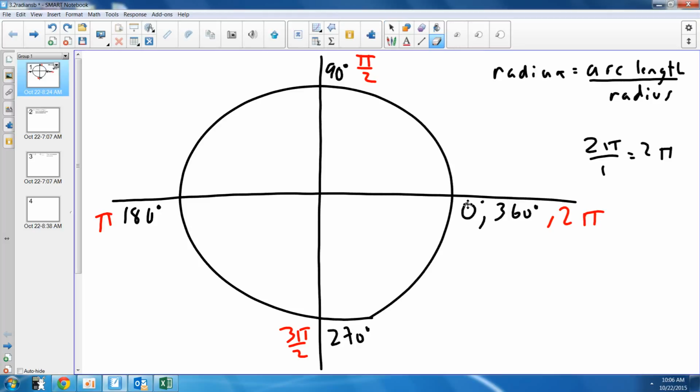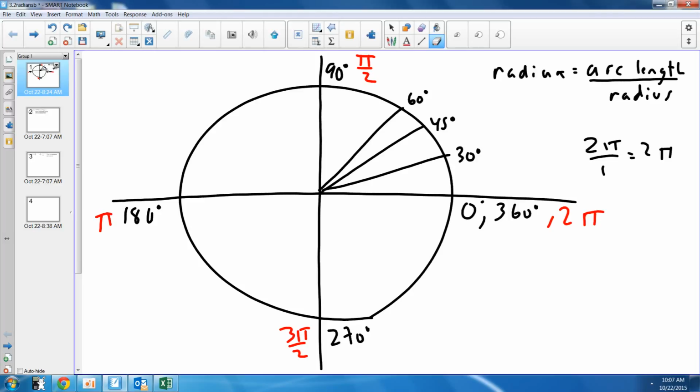Also, with reference angles, I've noticed with degrees, I have 3 reference angles as I go through: 30 degrees, 45, and 60. When I think about my radians for each of those reference angles, I can now think about it instead of converting.